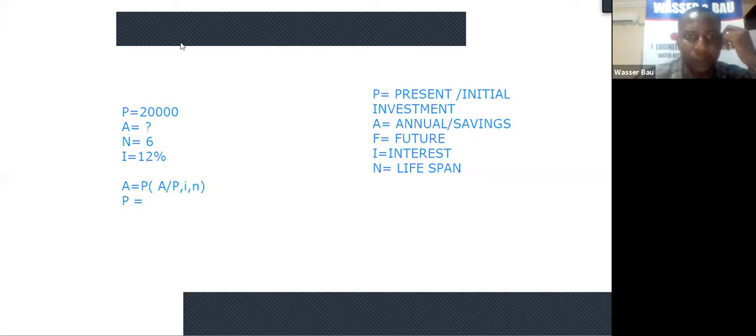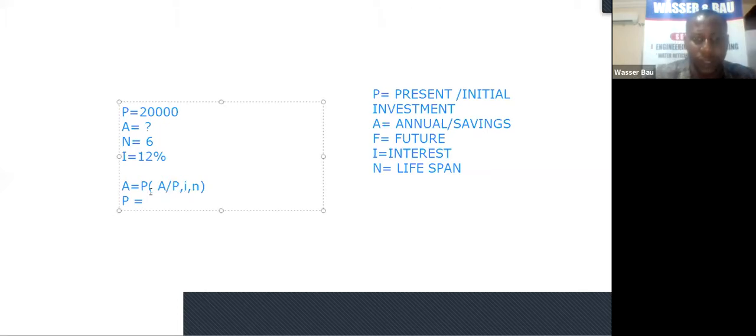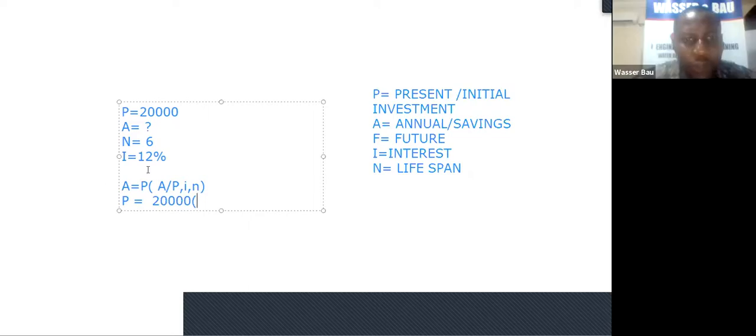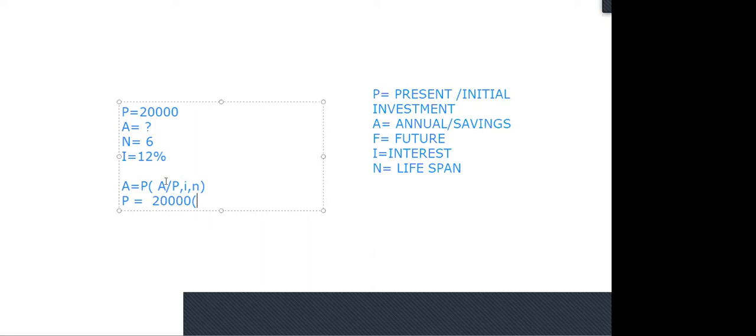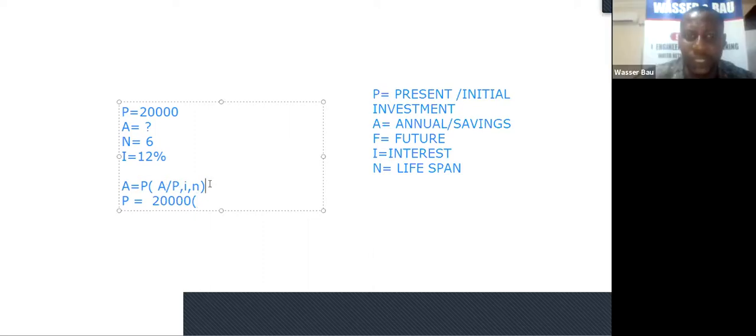So here, what do you have? The P is 20,000. We'll go to our table and look for A given P at interest. Let me put it this way: we're now looking for A given P at interest of 12% after 5 years.